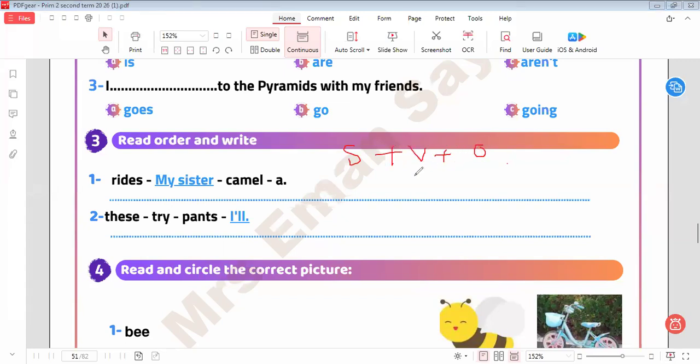During the lessons, I wrote this rule several times, so you must write it in your exam to be able to answer this question. So I start with what? Where is the subject here? My sister. So my sister is the subject. My sister doing what? Rides a camel. So the answer here would be: my sister rides a camel.